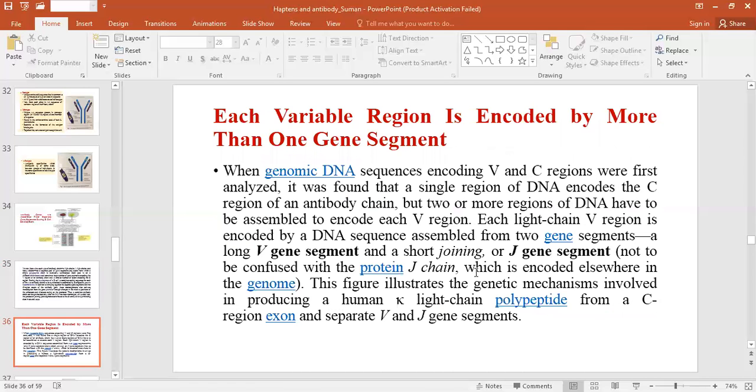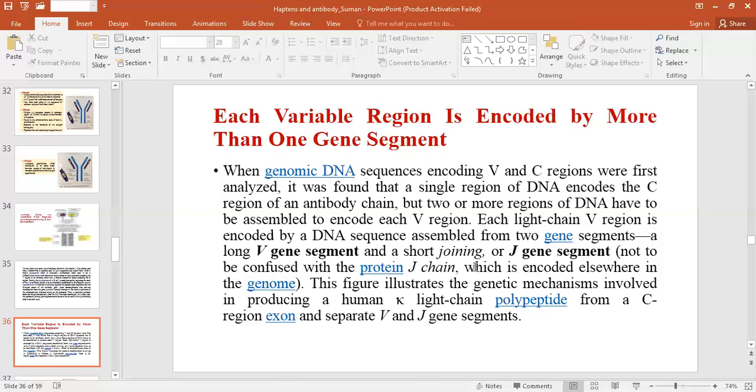So here you can see that each variable region is encoded by more than one DNA segment. When the genomic DNA sequences encoding both the variable and constant regions were first analyzed, it was found that a single region of the DNA encodes the C region of an antibody chain, but two or more regions of the DNA have to be assembled to encode each variable region.